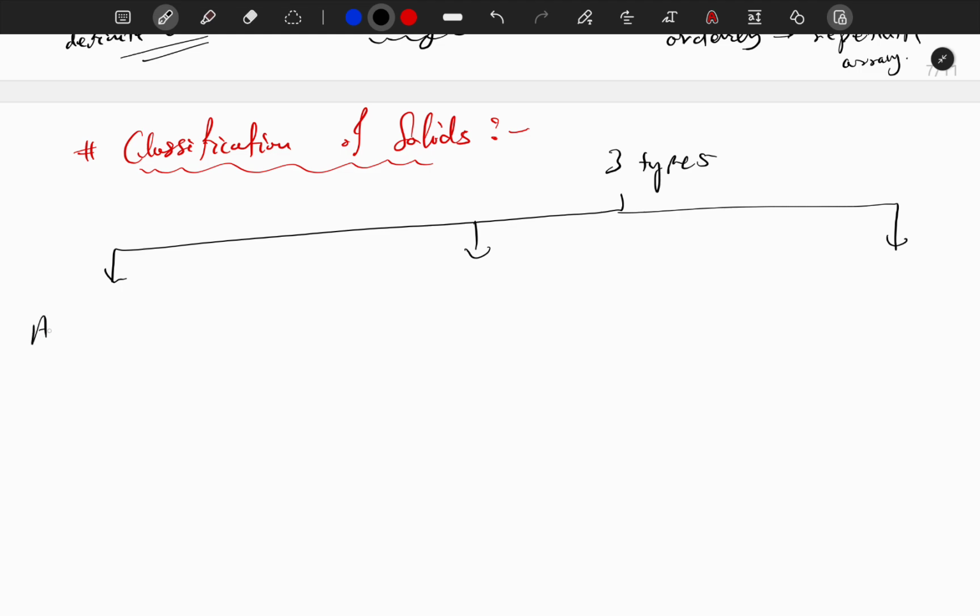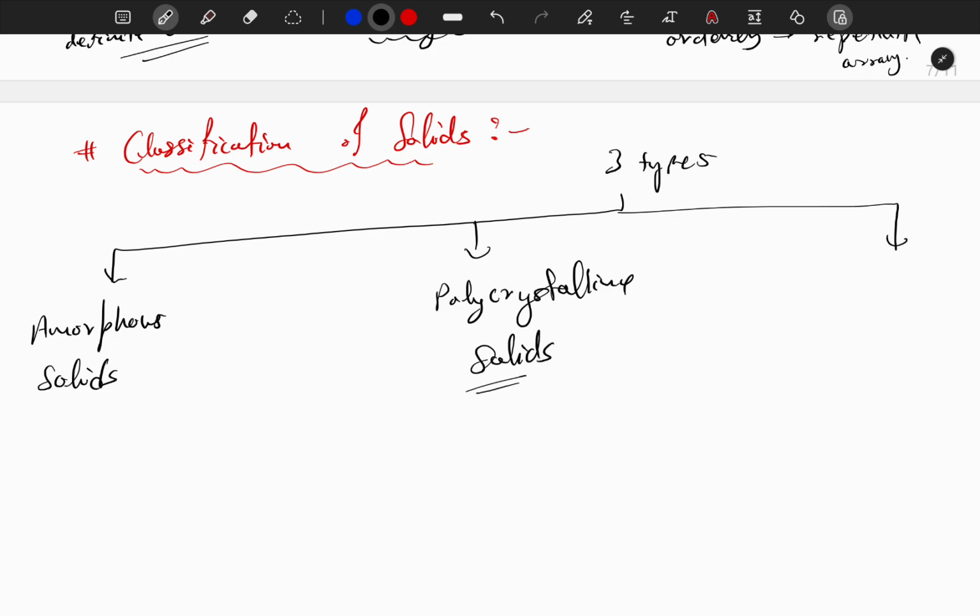The first type is called amorphous solids. The second type is called polycrystalline solids. And the last is single crystal solids.